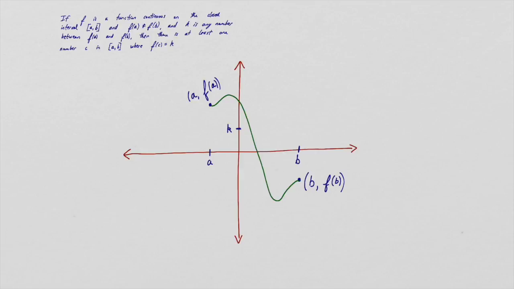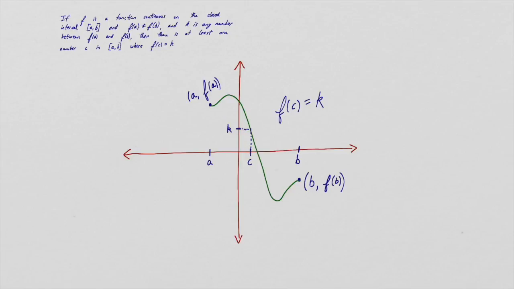So if we drop down to here, this right here would be c. And we can see in this case, f of c equals k. We substitute c, our x coordinate, into our function, and it spits out our y coordinate, k. So now we've got a graph of this.